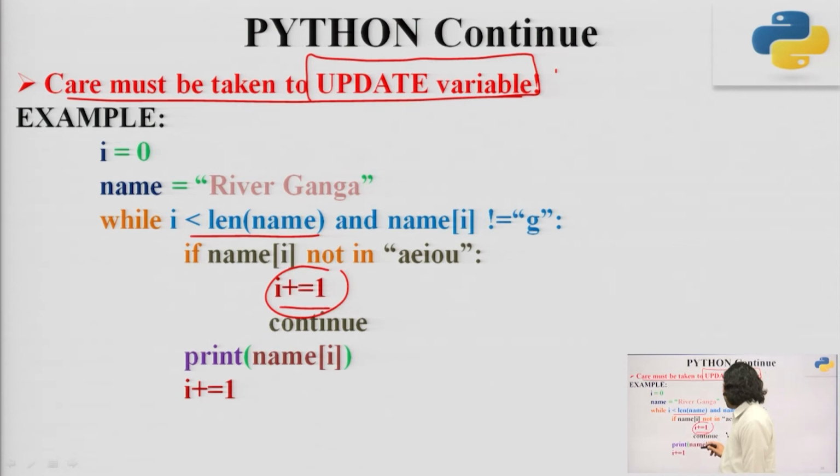Next thing is, if I want to print the consonants, because right now the condition is not in AEIOU, that means this condition becomes true only when the name I is not in AEIOU, that means they are consonants.